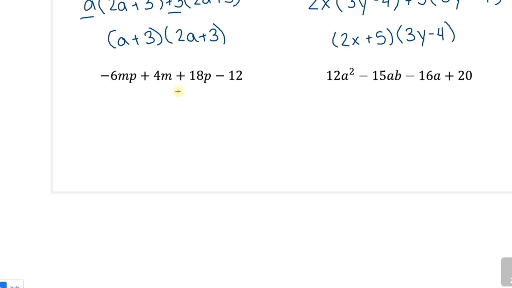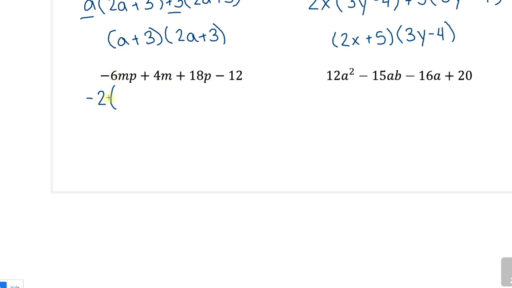We have 6, 4, 18, and 12, and all those are even numbers, so we have a greatest common factor here. We're going to take out a negative, and then also a 2. Our variables, we don't have any that we can take out. So let's go on and divide it.